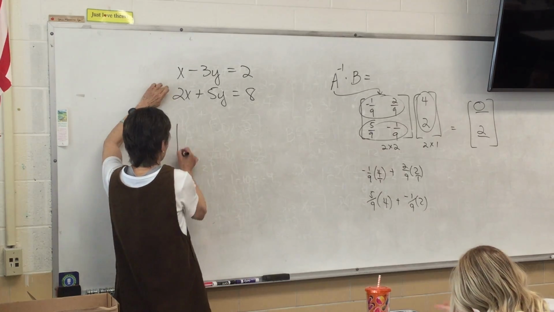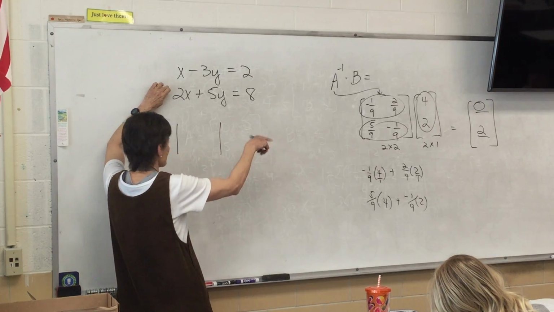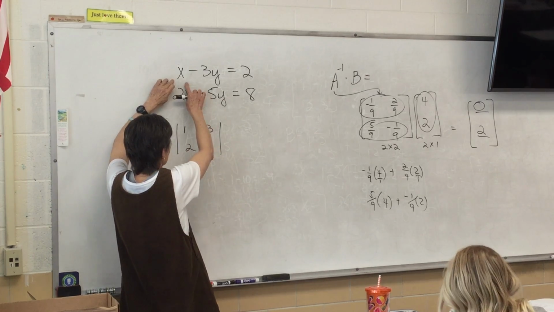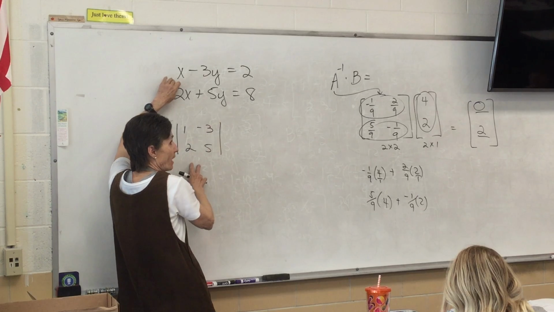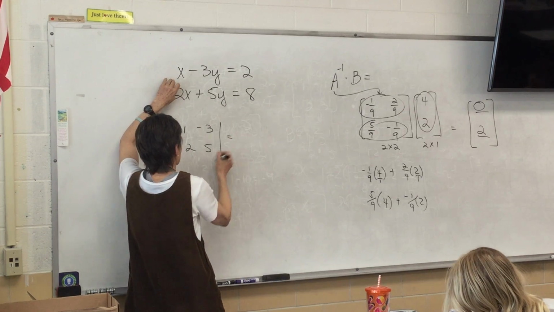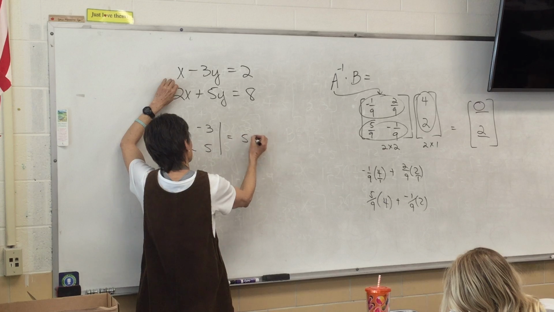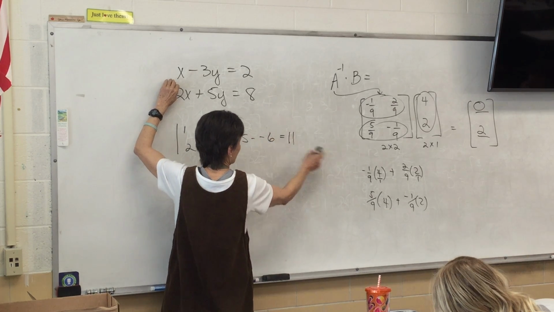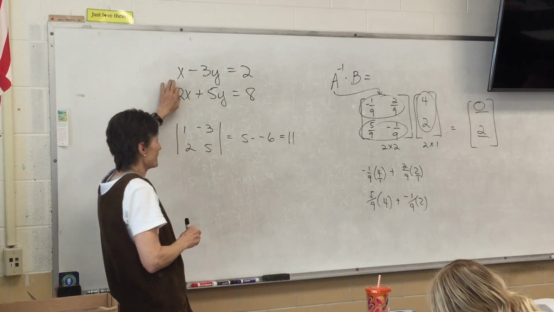The first determinant I do is the same as the one I did over there. It's of the coefficients. So 1, -3, 2, and 5. So let's see, this one works out to be 11. I get 11.